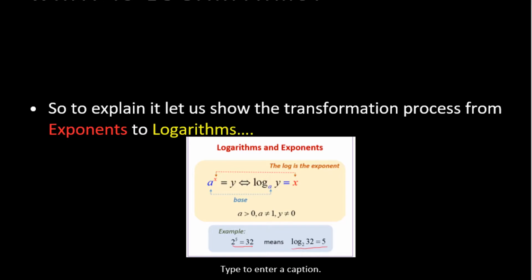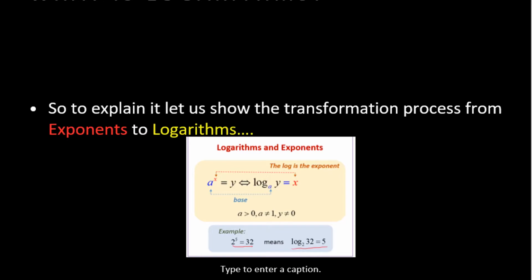As you see, the base of the exponent is also the base of the log. And the argument in the exponent comes directly after the log, and it equals the power.